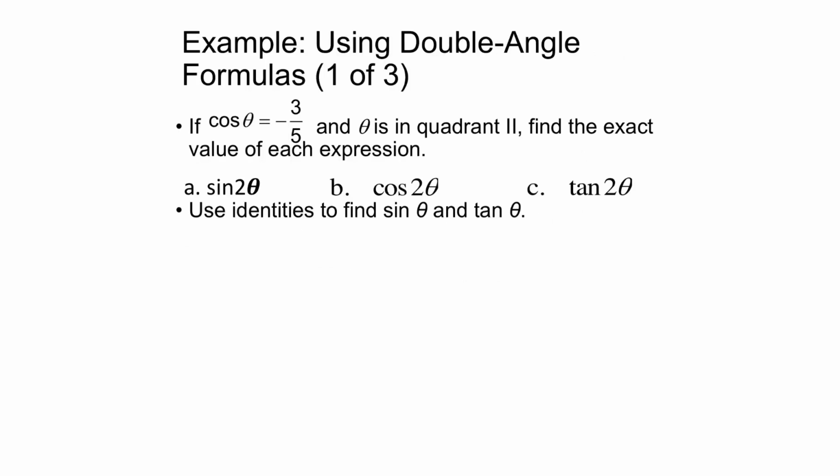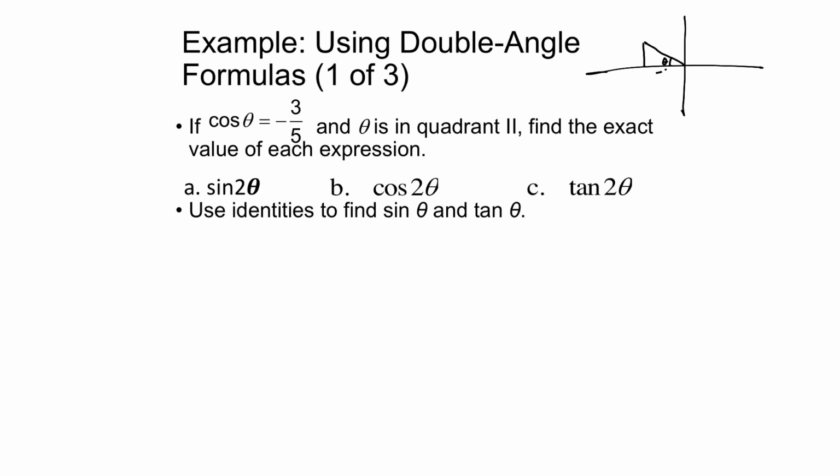So here we're given the cosine of theta is negative 3 over 5, and we're told that theta is in the second quadrant. So if we draw this out, second quadrant, all we know is that cosine of theta is negative 3 over 5.